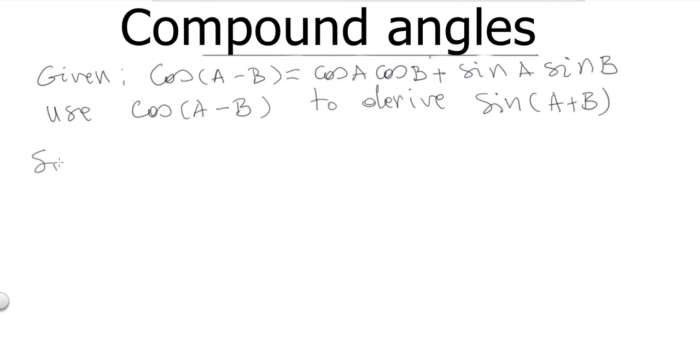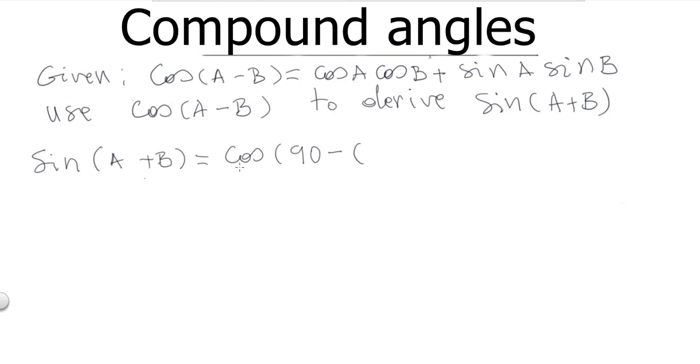So how do you do it? Remember, cos of 90 degrees minus theta will give you sine. So sin A plus B is also equal to cos of 90 degrees minus theta.